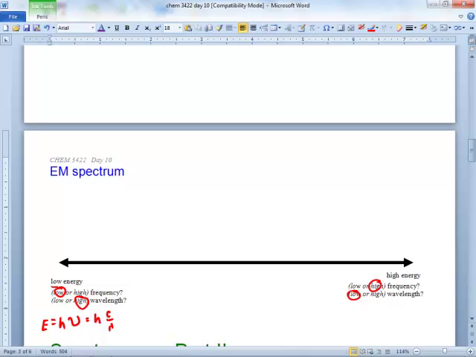Just tell me a region of the electromagnetic spectrum, a type of light, because the whole thing is light. What's ultraviolet? Okay, where do you want to put it? On the higher energy side, because ultraviolet light can give you what? Sunburn, right? So let's throw UV in here.